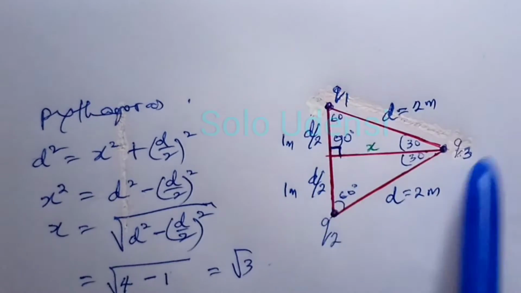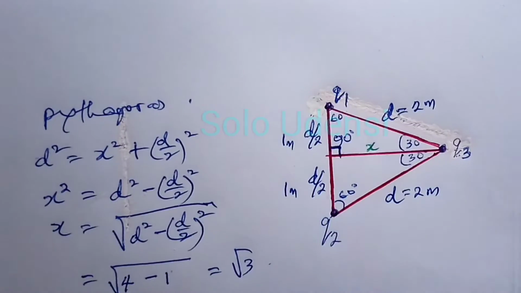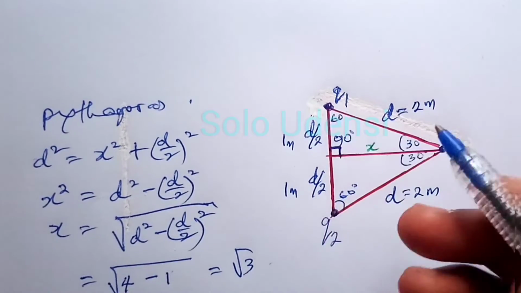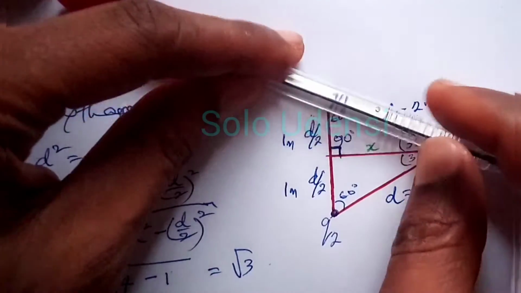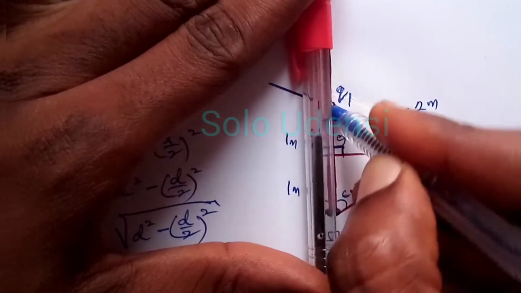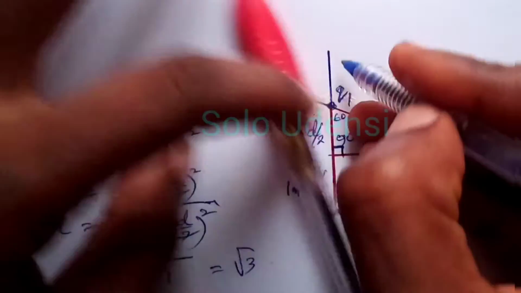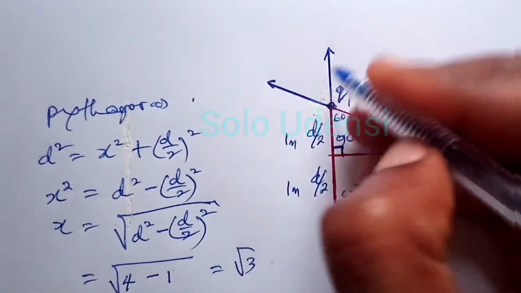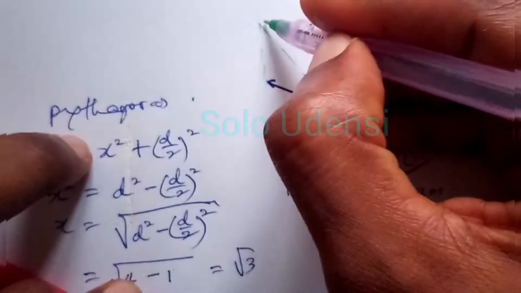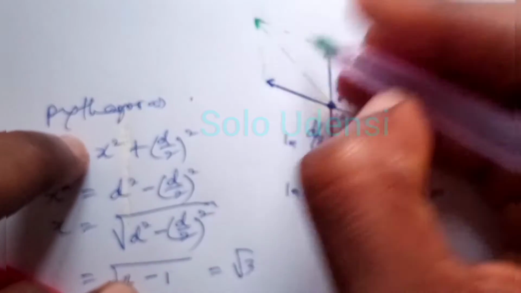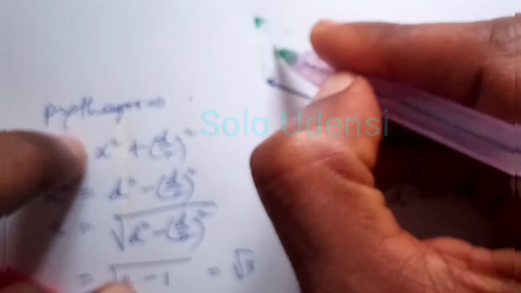Since all these charges are the same, 15 microcoulomb, at this point there will be a repulsive force from 3, and also from 2 there will be a repulsive force. So they will act this way, of which we can find the resultant. So this is the resultant.